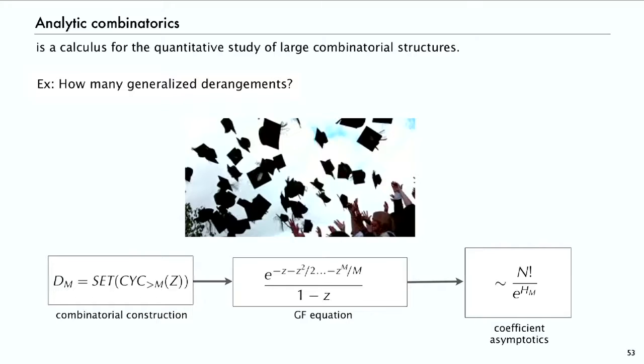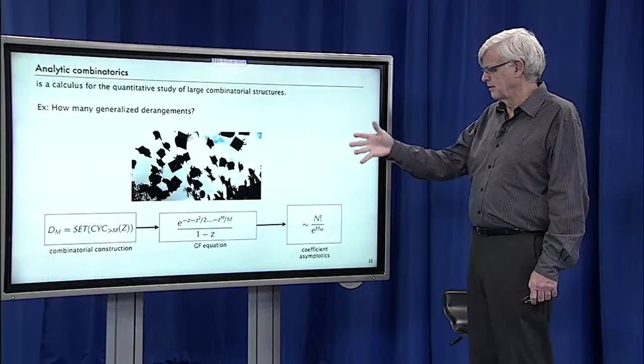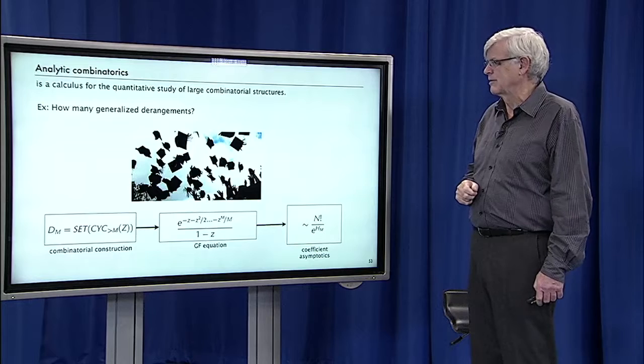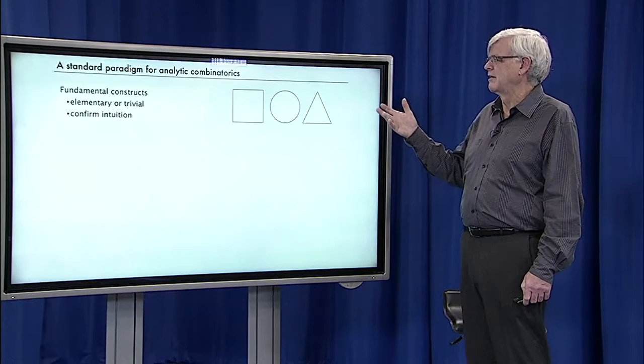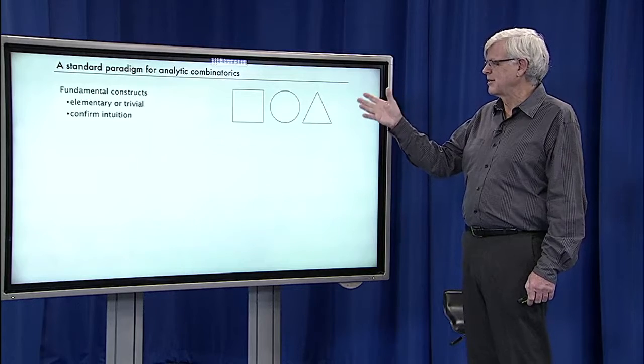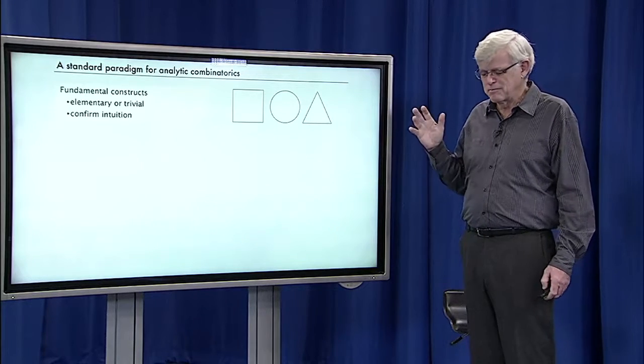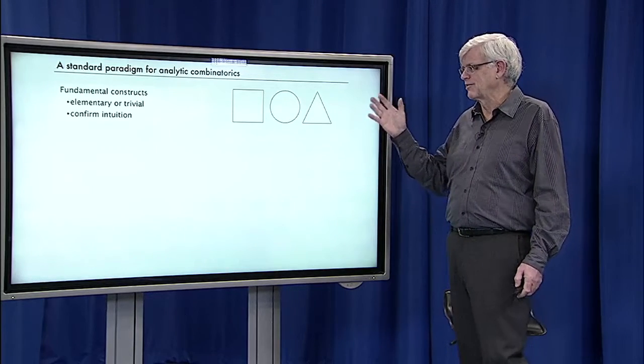And this is a good example of something that is characteristic of analytic combinatorics, because we had a basic construction, a permutation is a set of cycles, that we modified to get this answer. That's very common. We start with some fundamental constructs that are the basic things that we want to study.